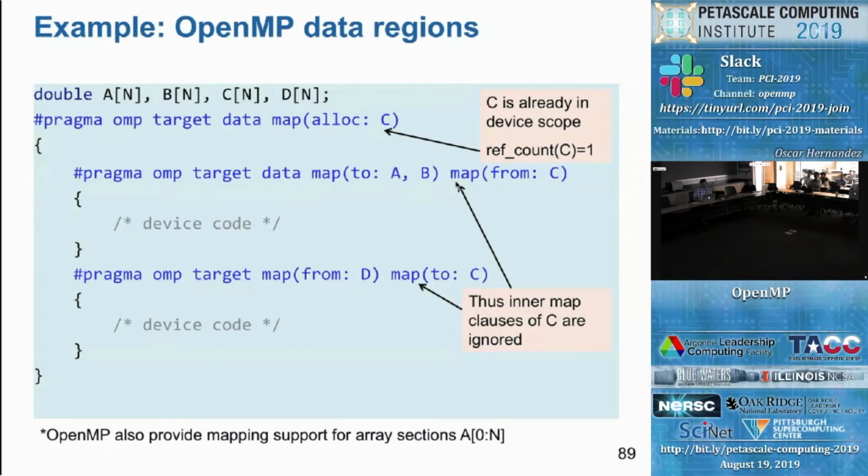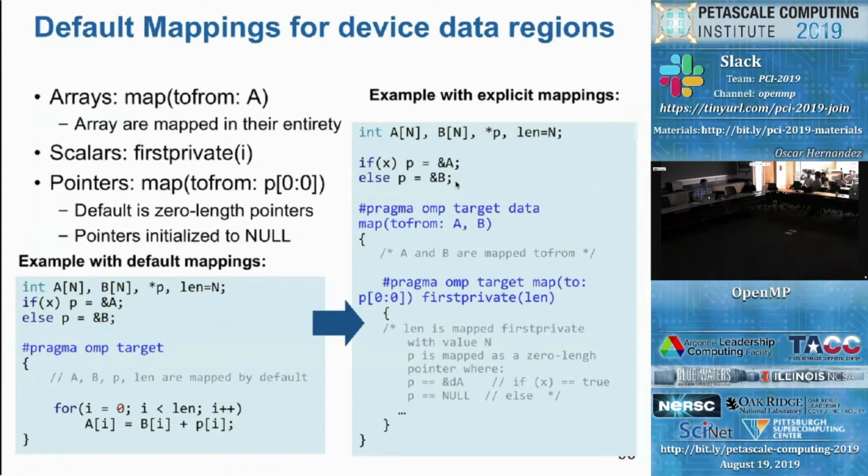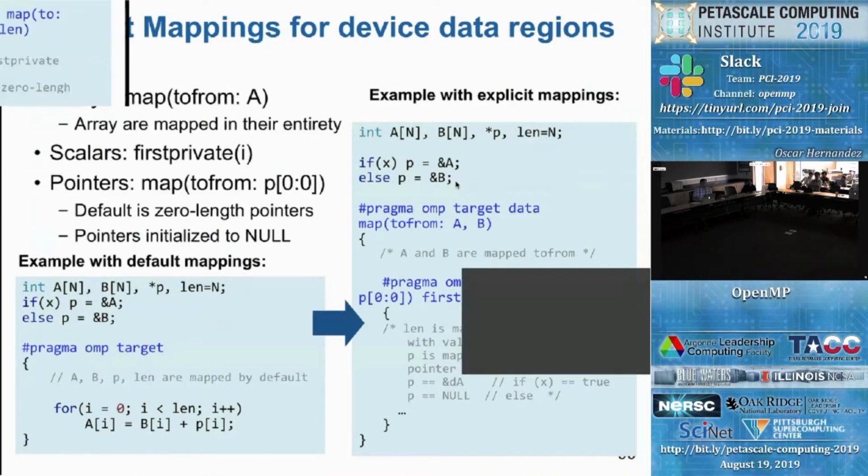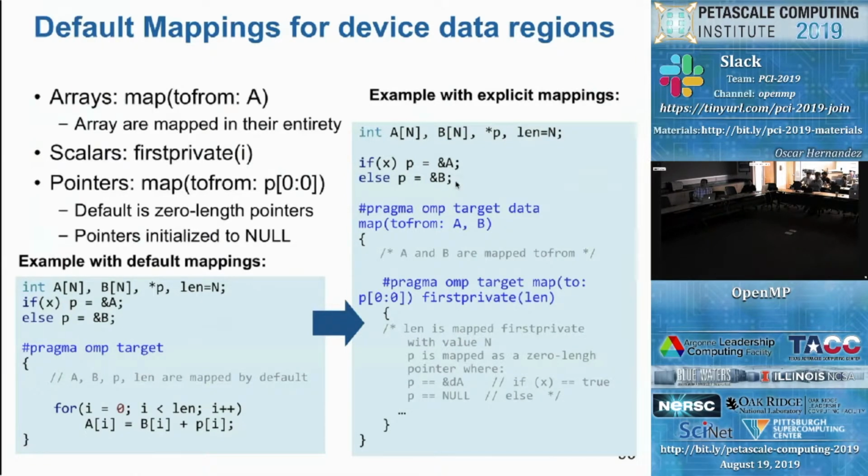Here are some rules about the default mappings of variables. Whenever you specify an OpenMP target, arrays, for example, are mapped to the devices as to and from. Basically, they are copied to or from the device from the beginning. Scalars are going to become firstprivate.